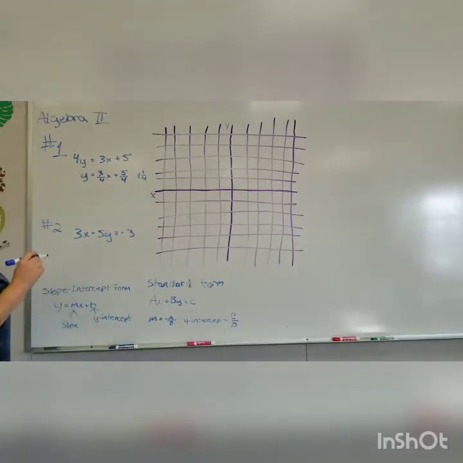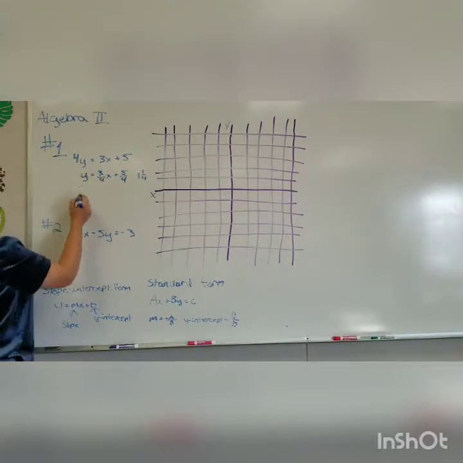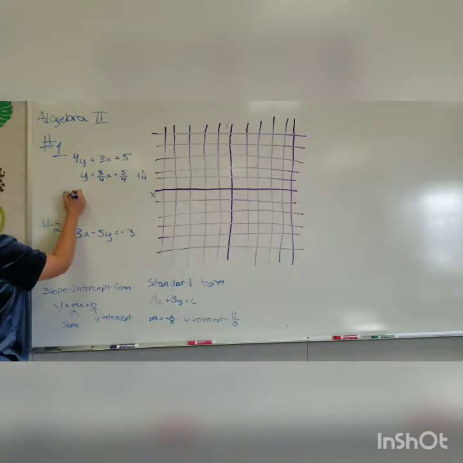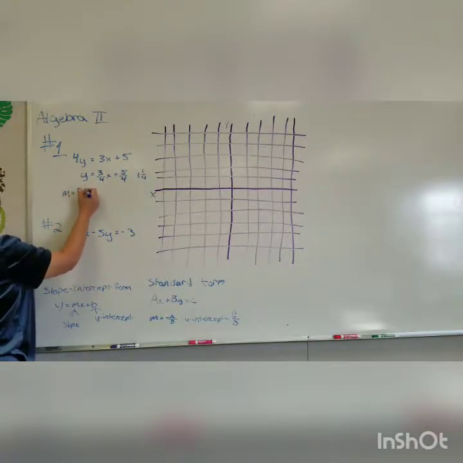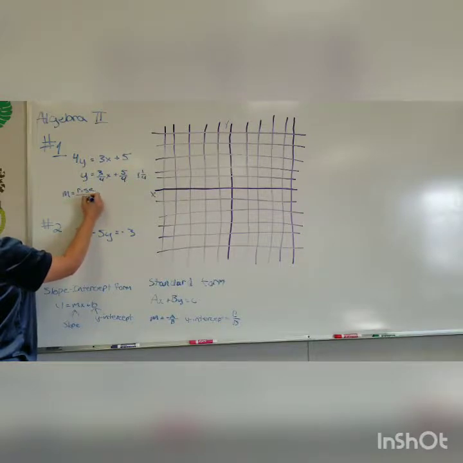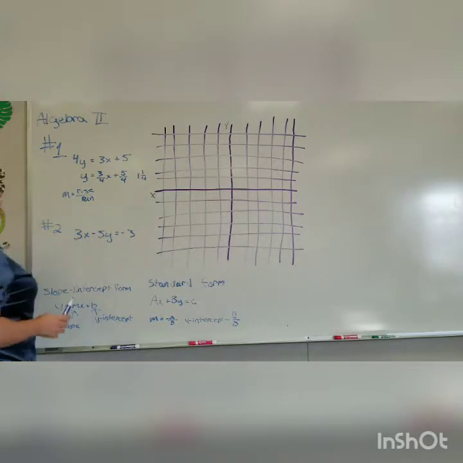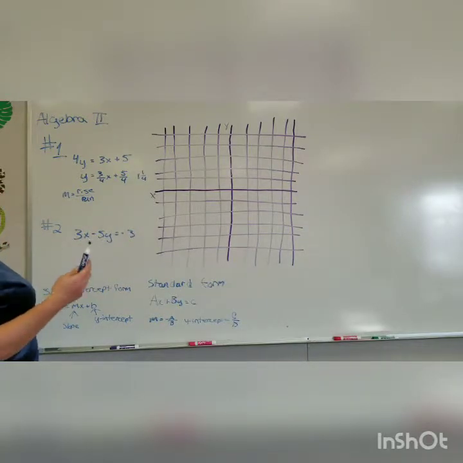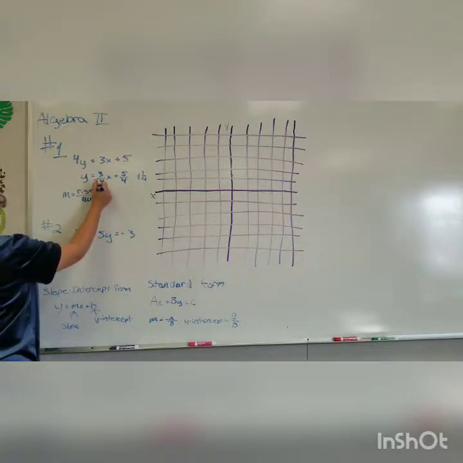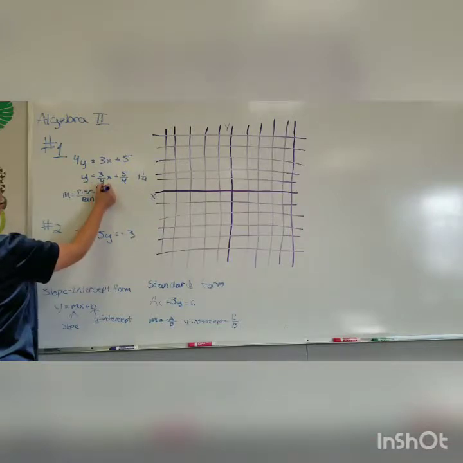All right, and then our slope is 3 over 4. Now slope is equal to the rise over the run. The top number tells you how much you rise from this point, and the bottom number tells you how much you go left or right. So this number tells you whether you go up or down, and this one tells you if you go left or right.